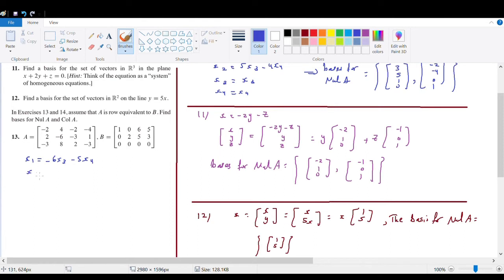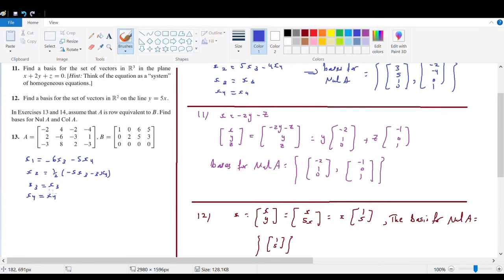For x2, it is equal to half multiplied by 5x3 minus 3x4. x3 is equal to x3 and x4 is equal to x4.